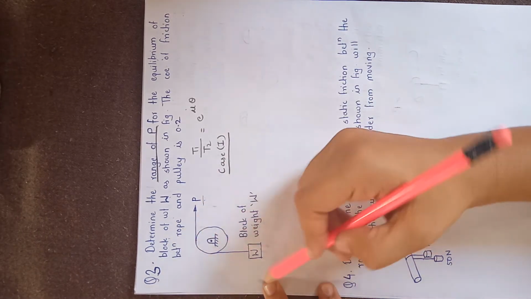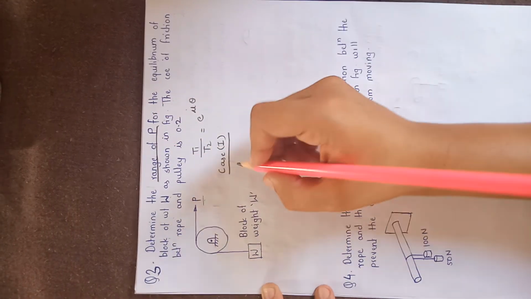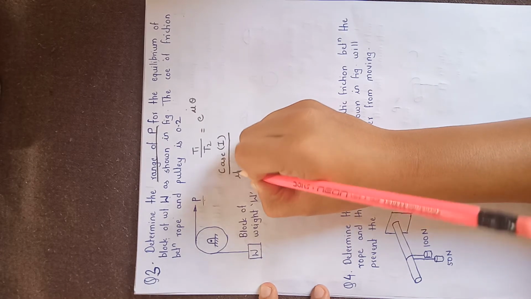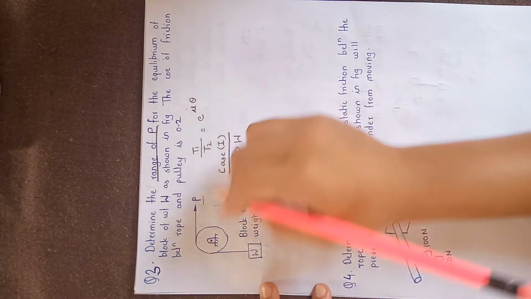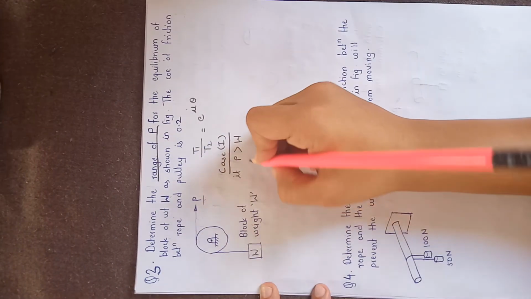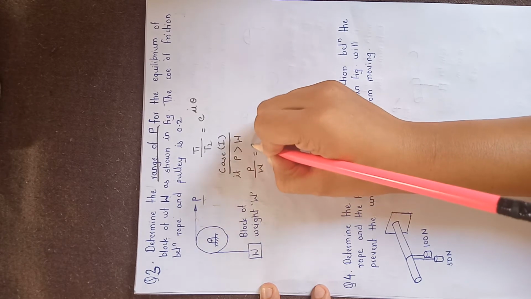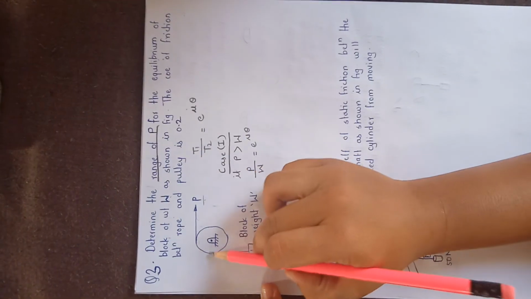So we'll consider both cases and we'll find the range of P. So in case 1, if P is greater than W, this will be the tight side. Tight side upon slack side is equal to e raised to mu theta. Here theta will be 90.